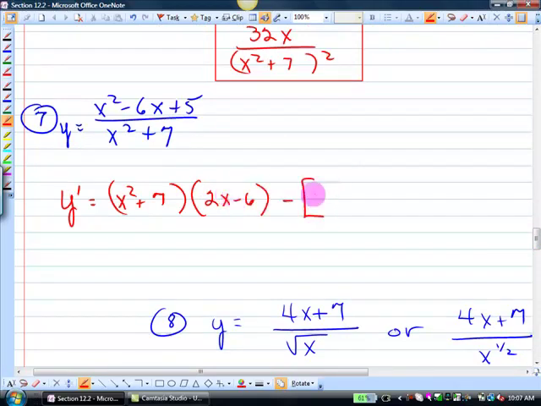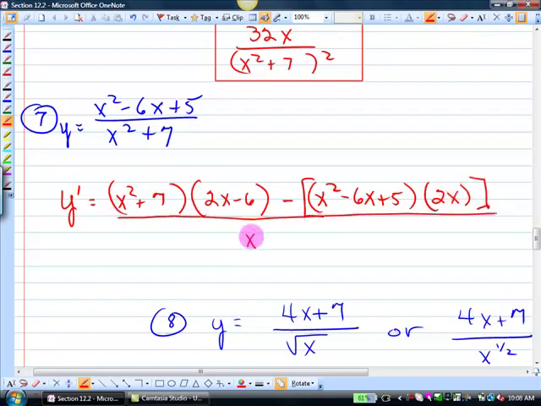Minus that whole thing times the derivative of the bottom, which is 2x over x squared plus 7 squared.